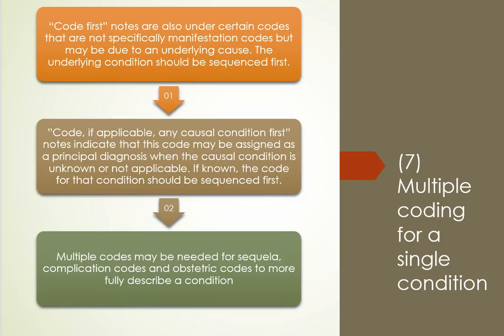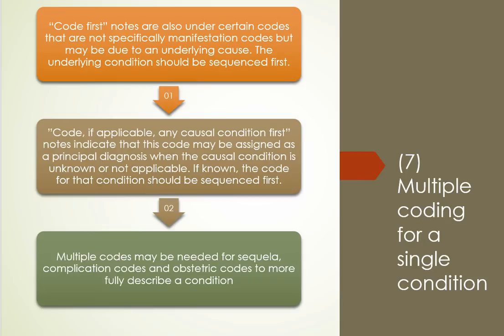That is, those instructional notes that are code first, use additional code, and in diseases classified elsewhere. So multiple coding is a situation where the patient's problem requires 2 codes to fully describe a condition that affects multiple body systems.